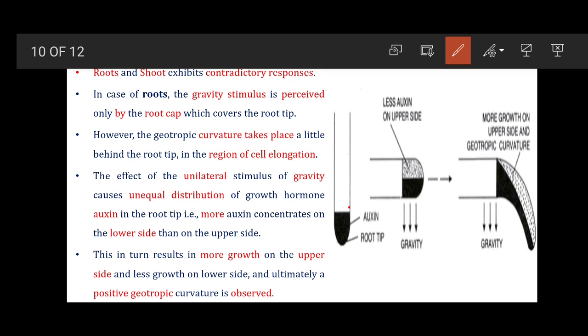Again I am going to repeat here. In case of geotropism, auxin accumulates on the below side, and the upper side shows cell division and cell elongation, which is in contrast to the light effect.